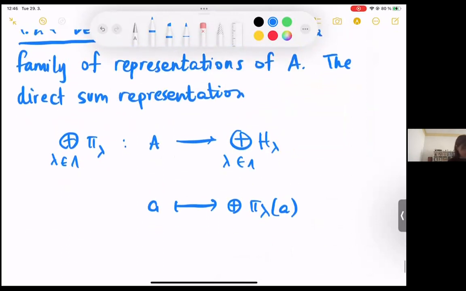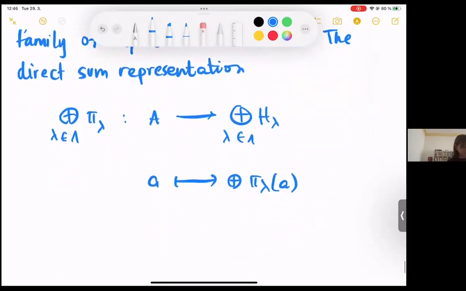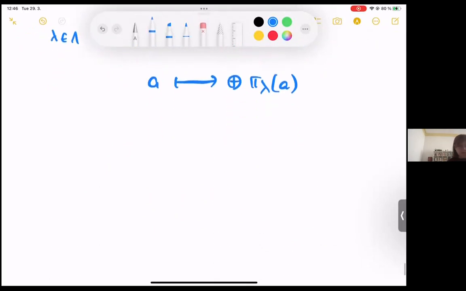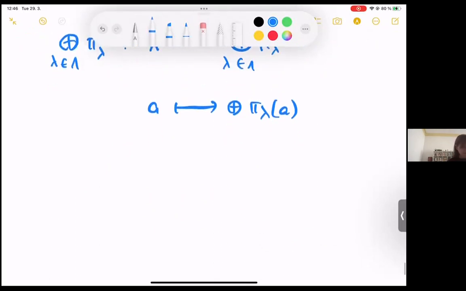So I guess that requires a small amount of checking, but this is evidently a Hilbert space. And then you just need to check that since this is defined coordinate wise, indeed, it will be a star homomorphism.